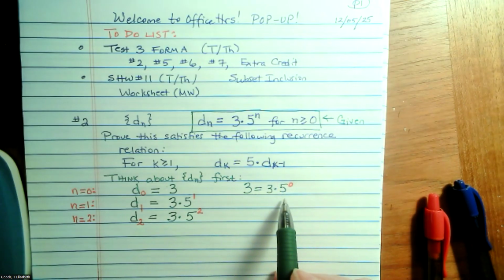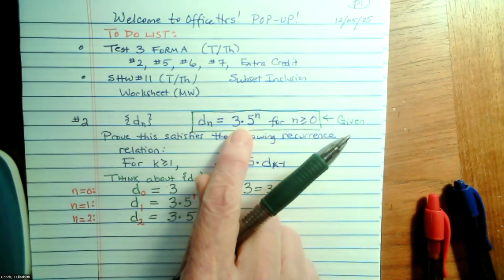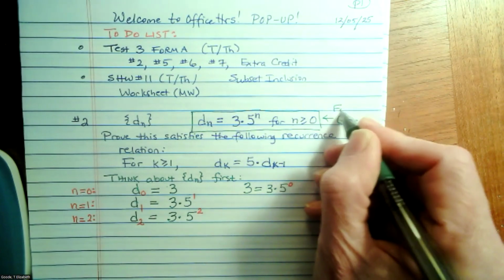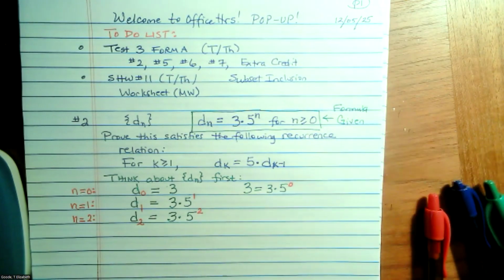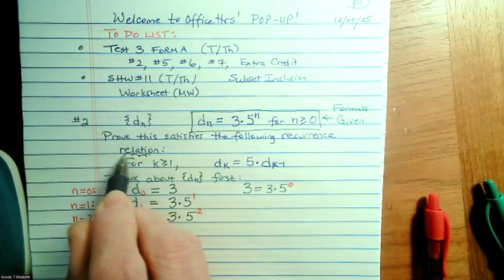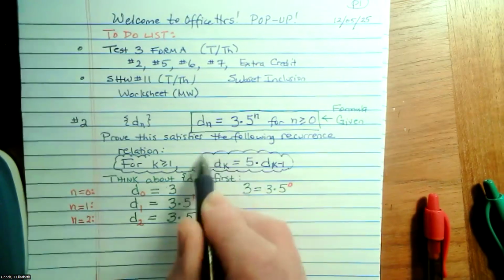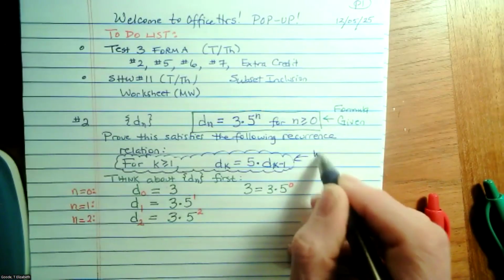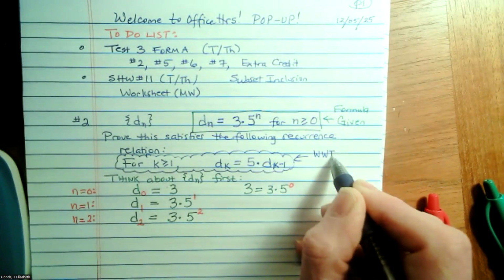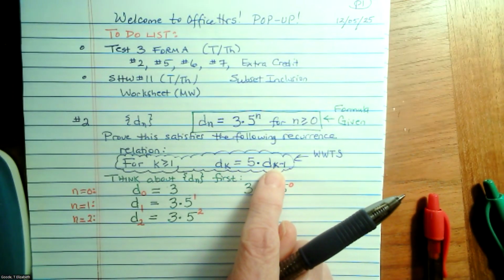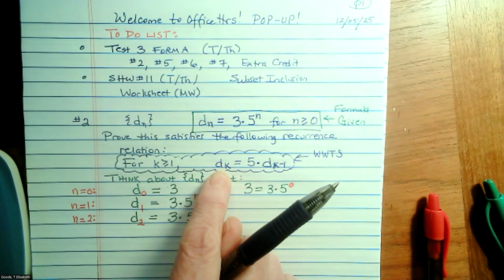And so for this question, we're going to prove that the sequence defined by this formula is given. We're going to prove what we wish, and what we wish is to prove that there is this relationship. It's called a recurrence relation, that exists between a term, d sub k minus 1, and the next term, d sub k.